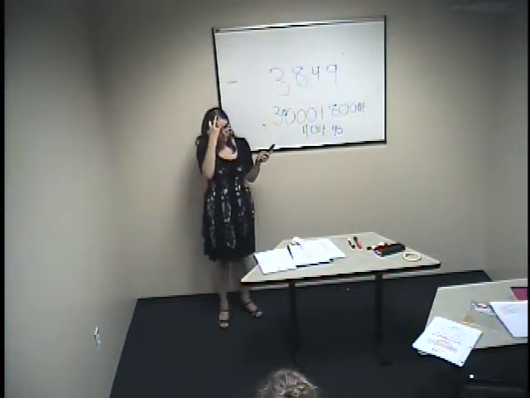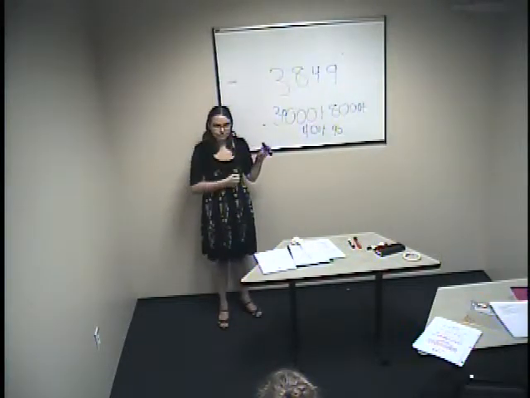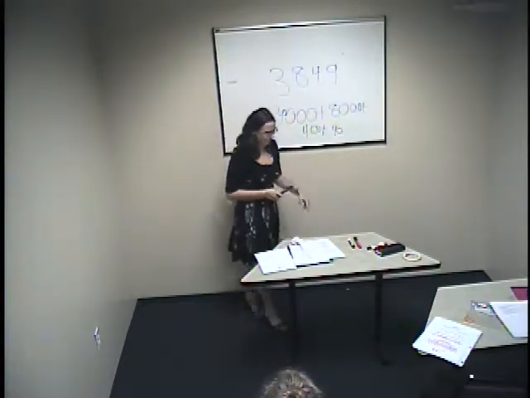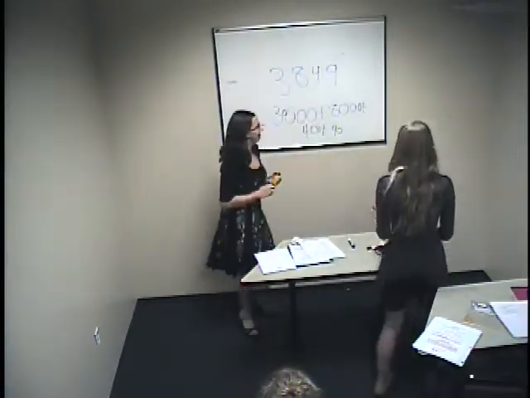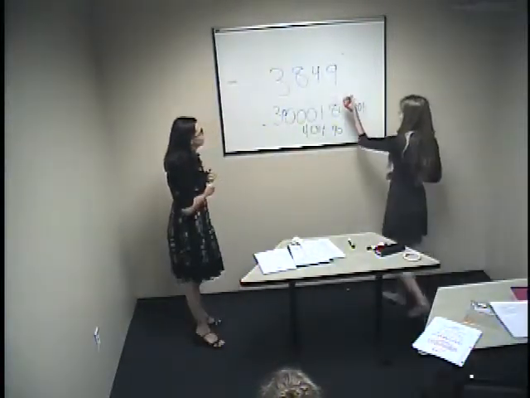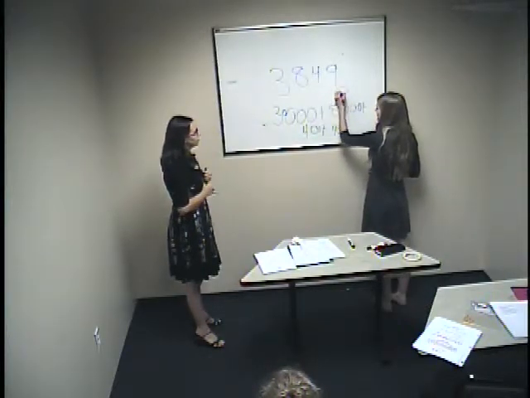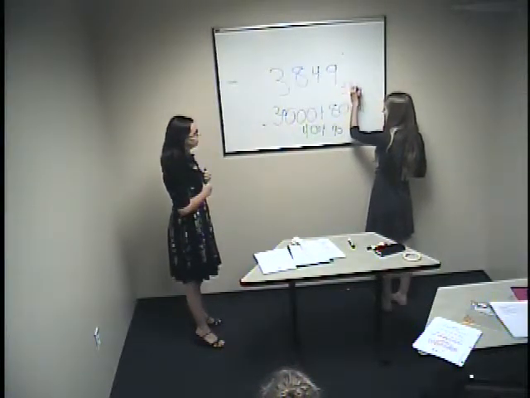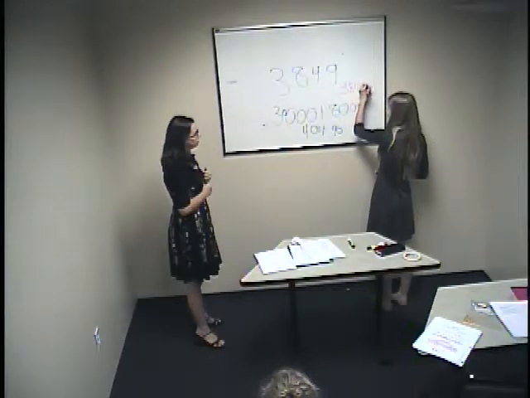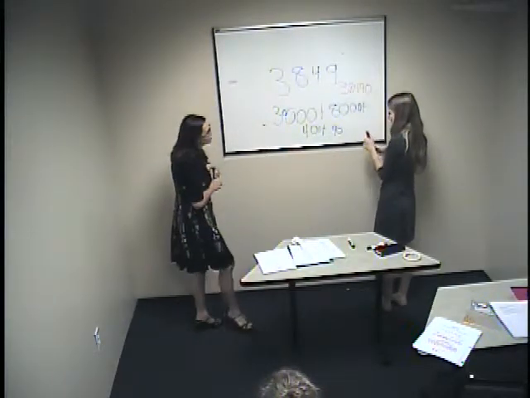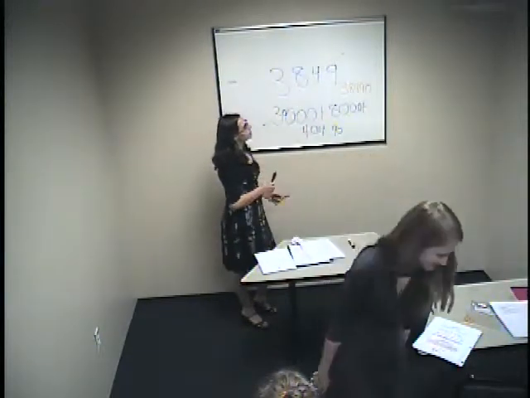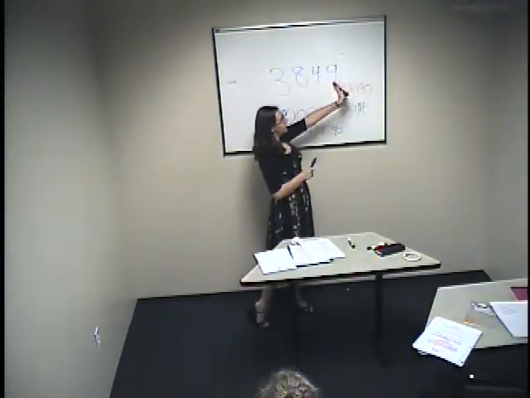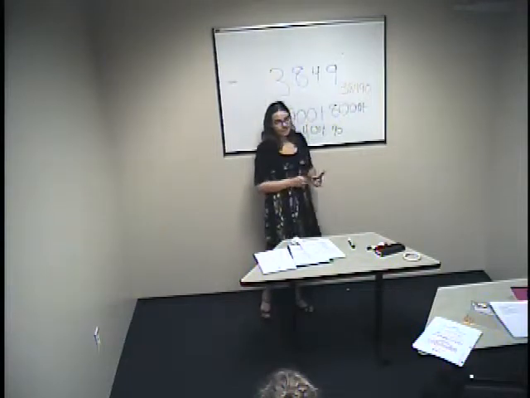Does anybody want to come up and write it on the board? There you go. So while it looks like it's going to be a lot bigger than it is, really all we're doing is moving it 1 decimal place over and adding a 0.